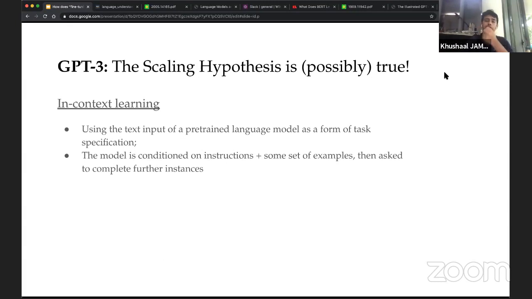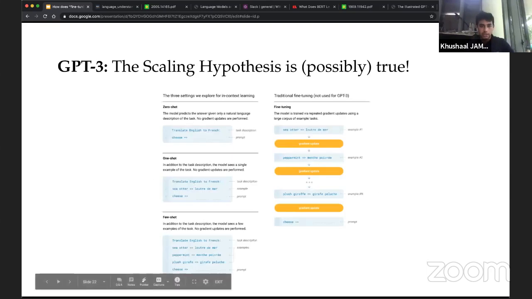GPT-3 makes extensive use of what's known as in-context learning. We use the text input of the pre-trained language model in order to specify the task. At inference time, the model is conditioned on a certain context, which includes both instructions and some set of examples, depending on the situation, all in natural language. Concretely, we can get a sense of what this looks like by looking at the following figure.